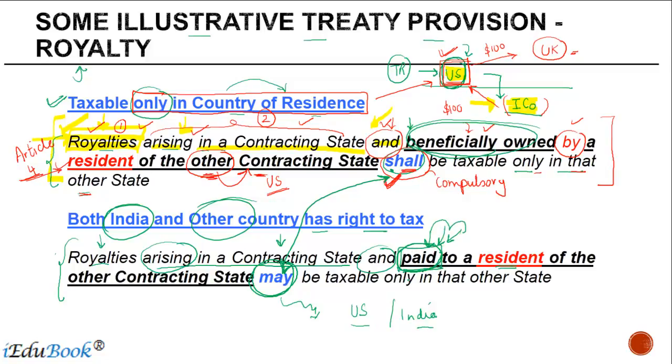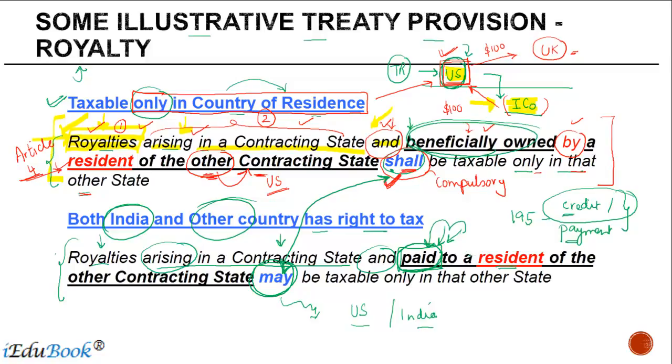What's the significance of this? If you recall under section 195, when an Indian company or a person makes a payment to a non-resident, they have to deduct at the time of credit or payment, whichever is earlier. Right? So if credit precedes payment, the withholding tax provision apply at the time of credit.